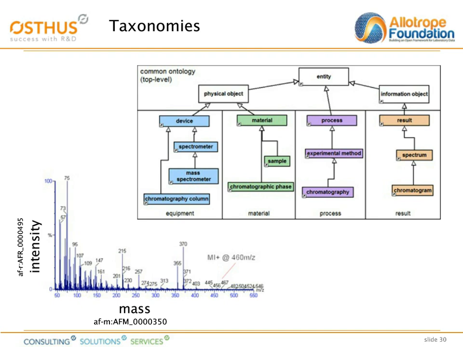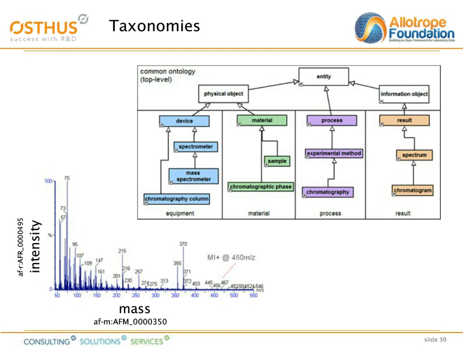This is the first step to establish unique identifiers to name things such as experimental methods, chromatography, and so on. A second thing is to define a shared data structure for n-dimensional result data.